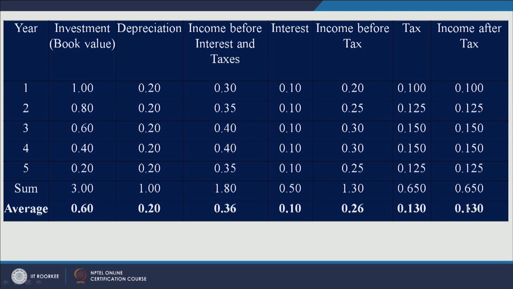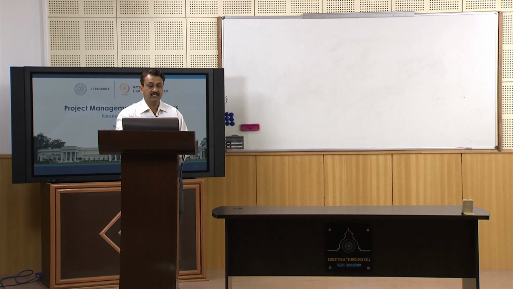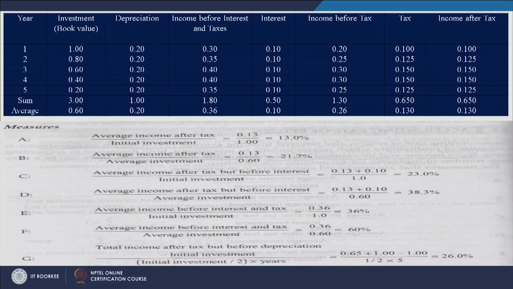If I ask you to calculate this measure, average income after tax divided by initial investment, what would that value be? Can you calculate? Initial investment is what? 1. And what is average income after tax? Where is average income after tax?